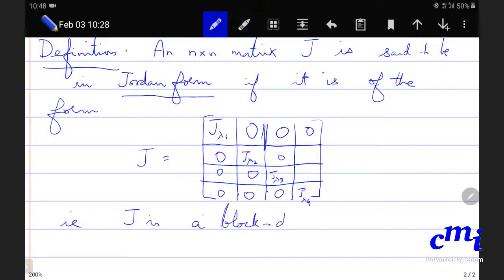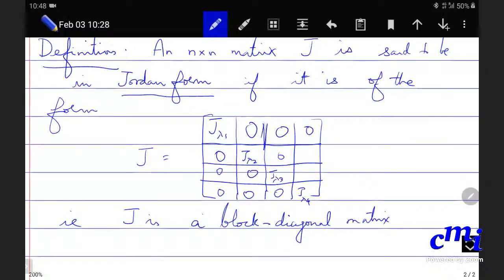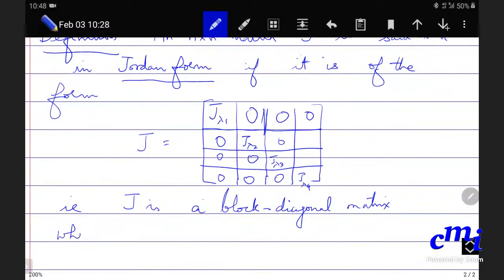I hope you know what block diagonal means. It's not a diagonal matrix, but it can be broken into blocks, and only the diagonal blocks are non-zero. A block diagonal matrix where each block is a Jordan block.